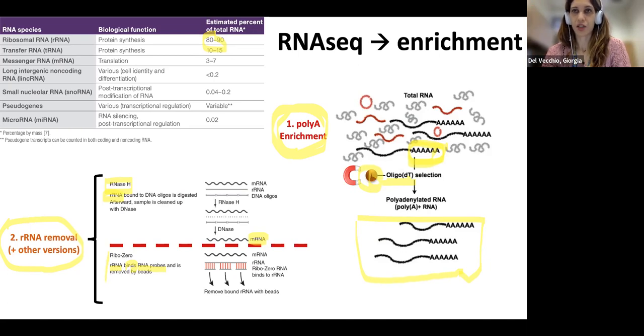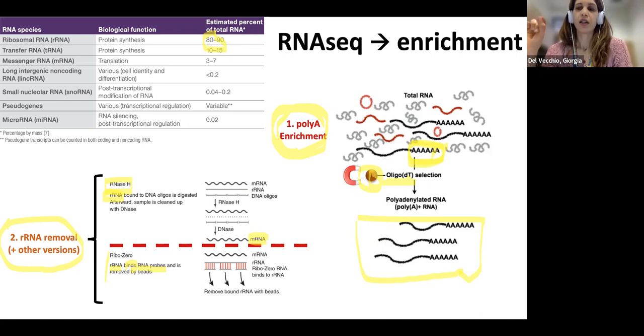look at messenger RNA, but the ribosomal removal is important because sometimes you don't want to just look at the messenger RNA, but maybe you want information about the long non-coding RNA, okay?